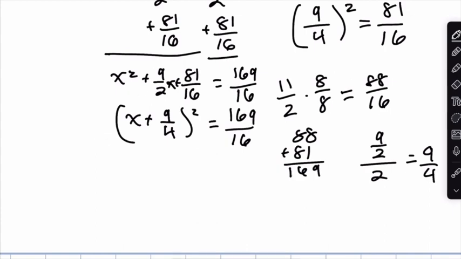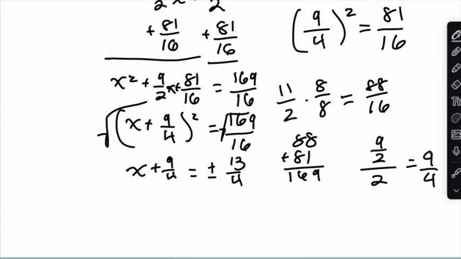When we take the square root of both sides, we're going to have x plus 9/4 is equal to plus or minus 13 over 4. So now when we subtract that 9/4 from both sides, so minus 9/4 minus 9/4, we have x is equal to negative 9/4 plus or minus 13/4.